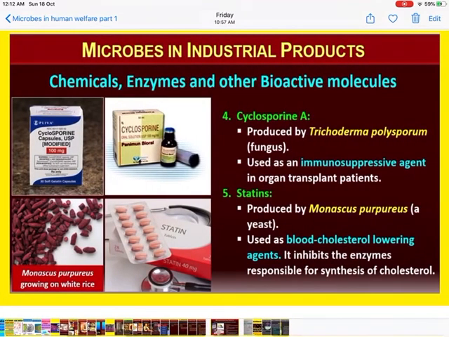Next, cyclosporin A. These are some bioactive molecules. Cyclosporin A is produced by Trichoderma polysporum. It is a fungus. और ये कहाँ use होता है?